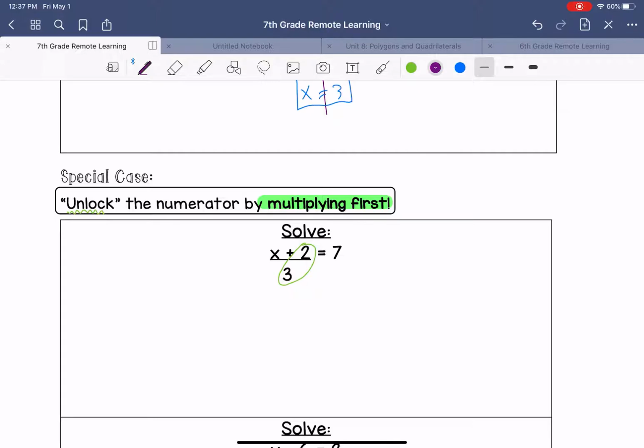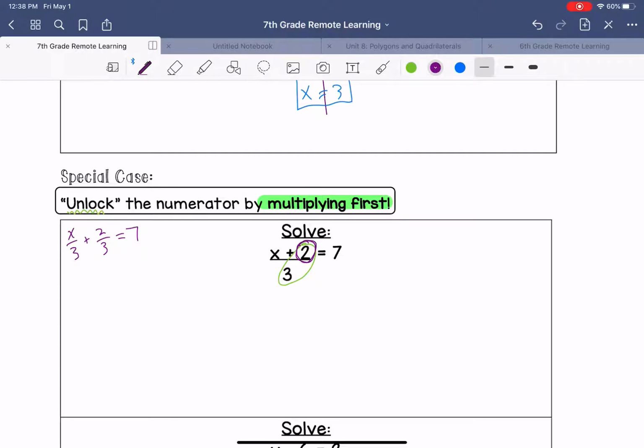So really what's happening here is we have x over 3 plus 2 over 3 equals 7. That's what this is equivalent to. So this 2 is not actually a 2 right now. It is 2/3. Now, I don't know about you, but I don't really want to be adding and subtracting 2/3 from 7.